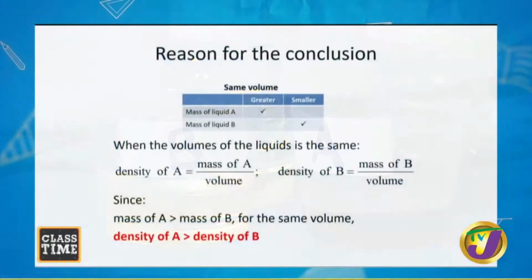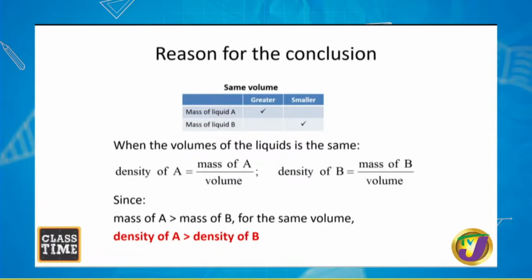Now remember, density is mass divided by volume, okay? So when the volumes of the liquids are the same, we're dividing the mass of A and the mass of B by the same number. Say the volume is 5 cm cubed. Now, if the mass of A is greater than the mass of B, you're dividing a larger number by the same number as a smaller number.